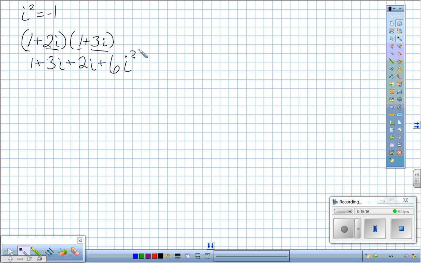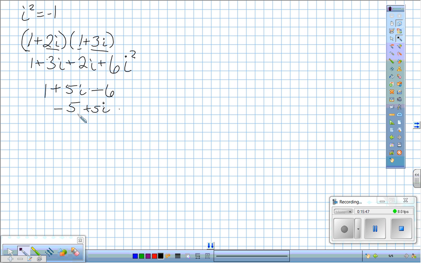And then I will change this to a negative 1 with my i squared. And I will add these like terms. So I will have 1 plus 5i plus 6 times negative 1, which will really just change this to a minus 6. So I'll erase this. And then I combine like terms again. So I have 1 and negative 6, so I will have negative 5 plus 5i.